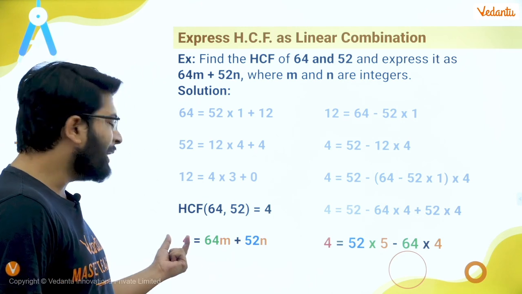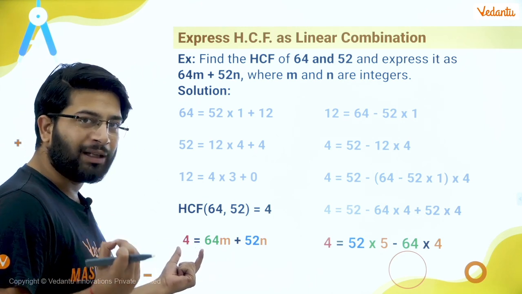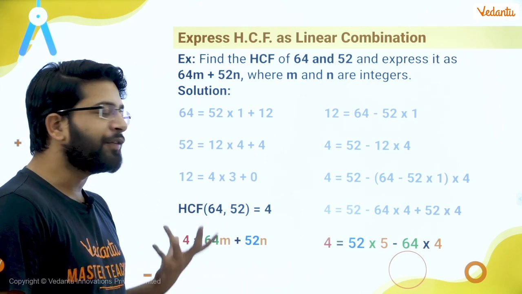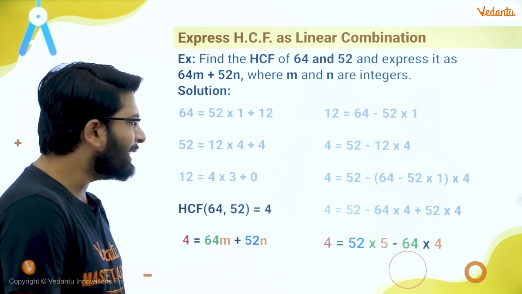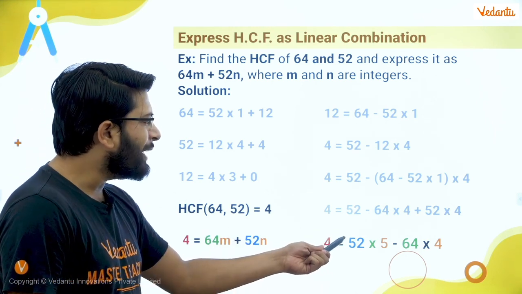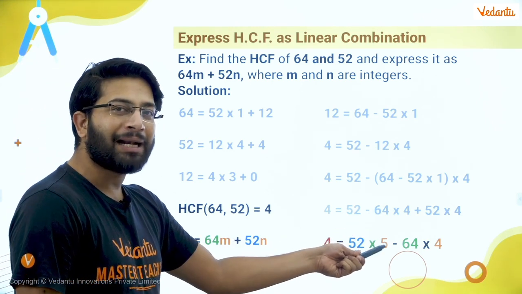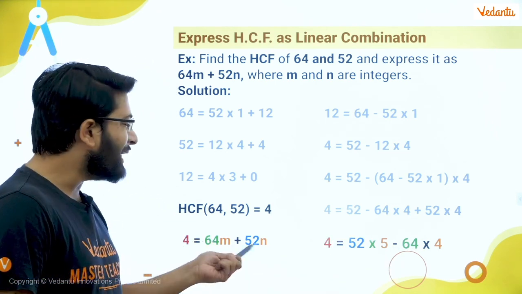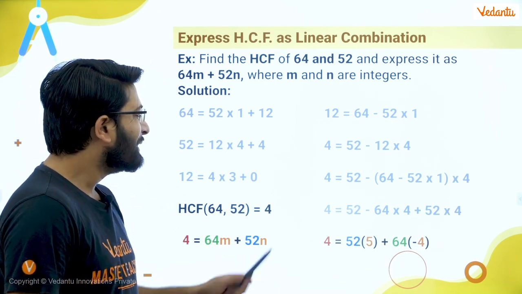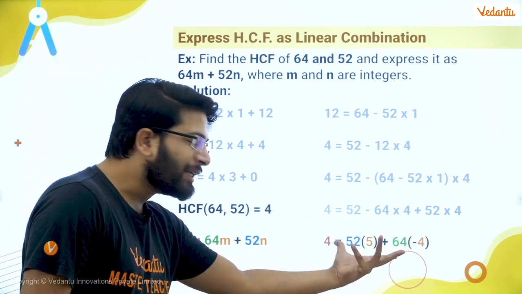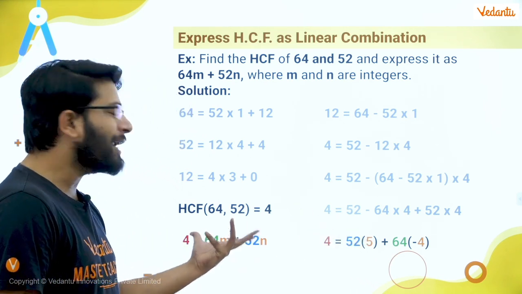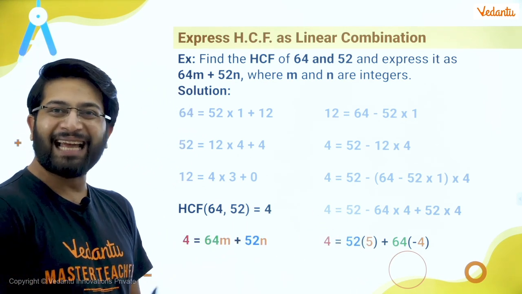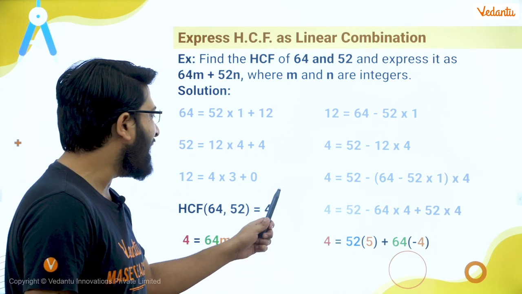I want 4 on one side, and 64 and 52 on the other side. So now, champ, see over here. 4 equal to 52 into 5 minus 64 into 4. I am getting this kind of equation, right? So that's it. I have written the HCF as a linear combination of the integers. Is this clear? Very good.